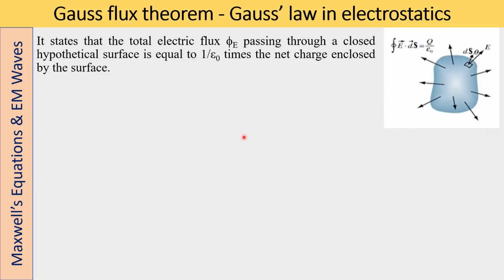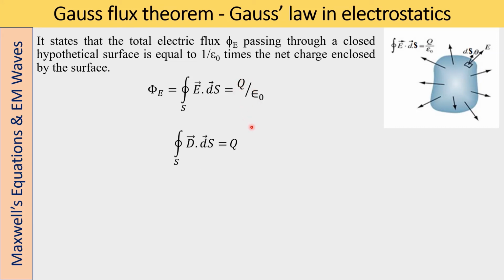So this is the surface inside which there are charges, and the total charge will be equal to Q. The total electric flux is given by the surface integral of E dot ds, and that is equal to Q by epsilon naught, or 1 by epsilon naught times the charge enclosed, that is the Q.